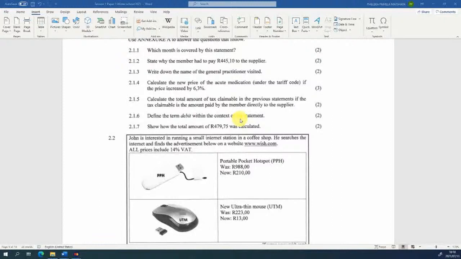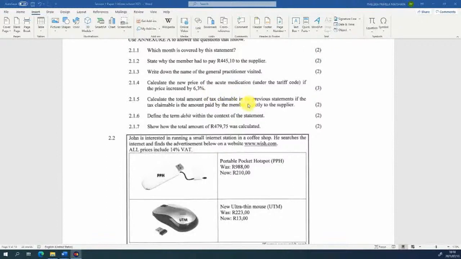And which medicine is it? It is the acute medication. I'm just quickly breaking up this question for you. They say calculate what? The acute medication, under the tariff code, if the price increased by 6.3%.